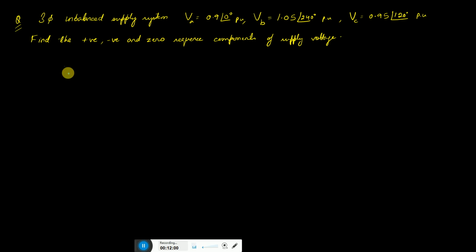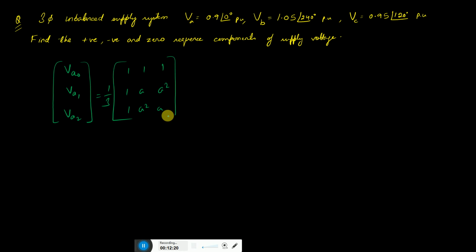We are going to get VA0, VA1, VA2 by taking the inverse, which will be one-third times the matrix with rows 1 1 1, 1 A A square, and 1 A square A. So we will be getting VA0, VA1, VA2 from VA, VB and VC. If the three phase values are given, we can get the zero, positive and negative sequence components out of it.